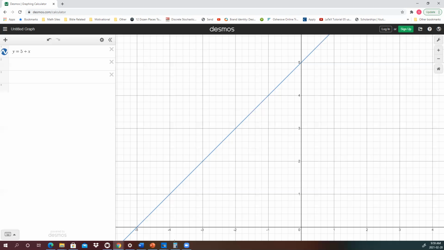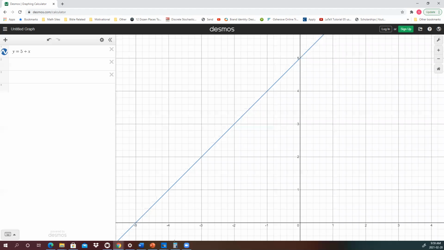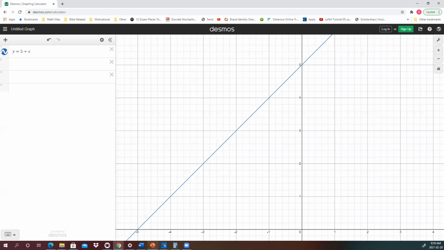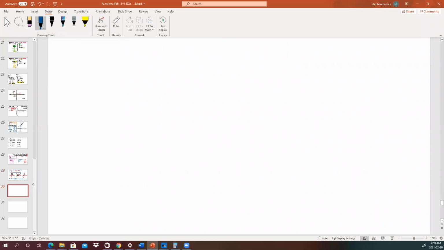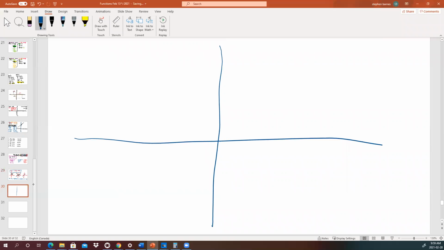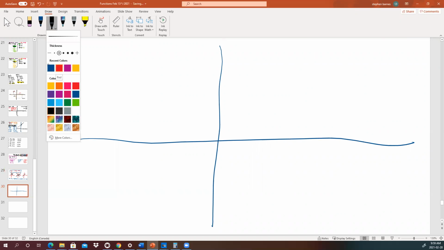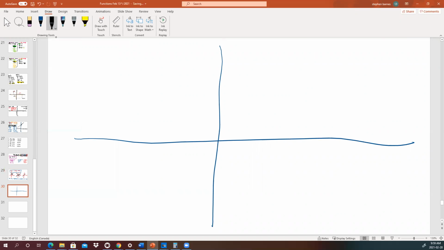For the other one, I can't write on this. This isn't a document I can write on, but I'm just going to show you a rough way to find the gradient of your line if it is on the graph, right? Usually, whether I have a graph or not, I use the other method, just because I think it's easier.